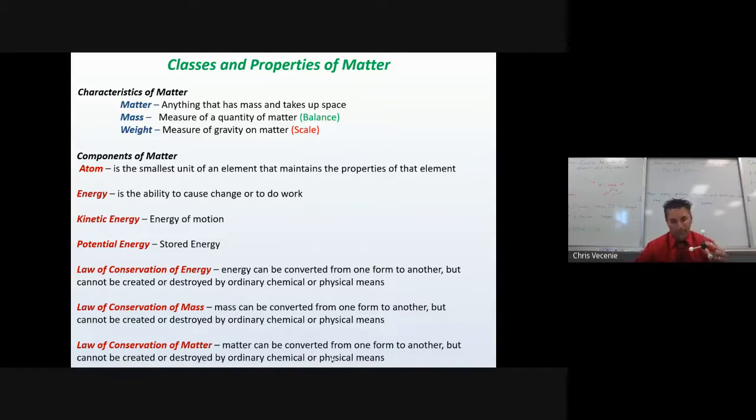I can't replicate them. I'm allowed to rearrange them. I'm allowed to break them apart and have them be separate, but I can't create more of them and I can't clone them.